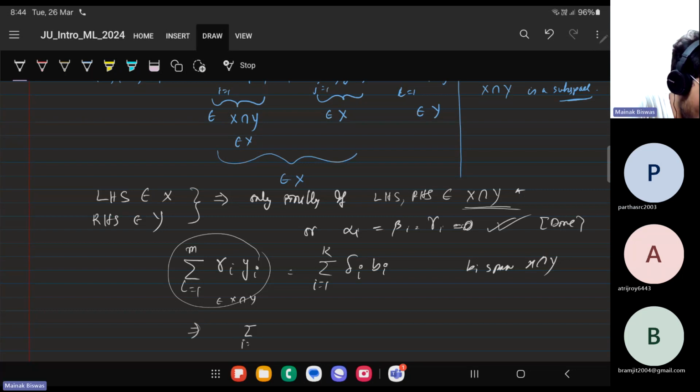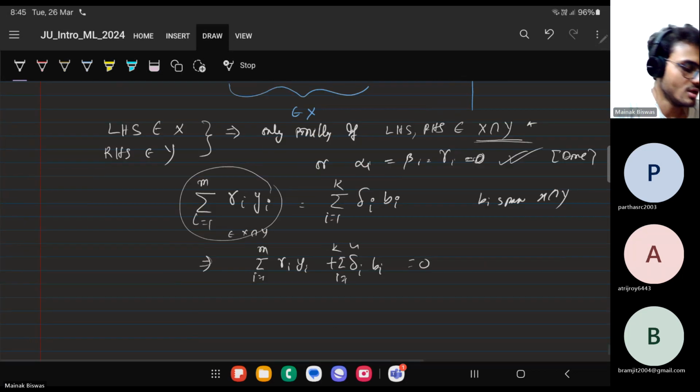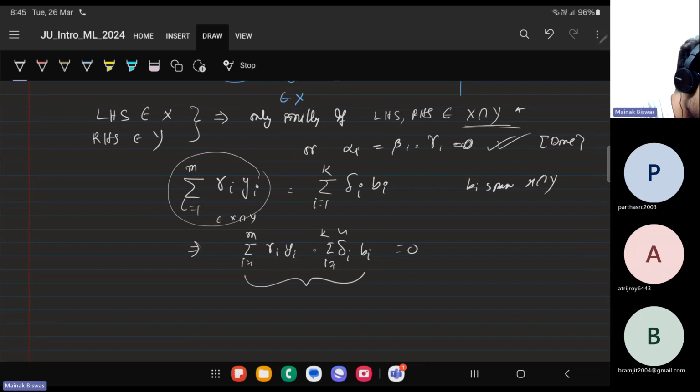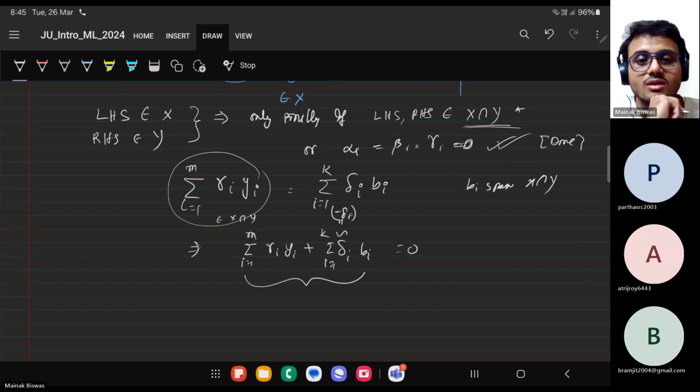So this is nothing but summation alpha i yi plus delta tilde of pi, summation of i equal to 1 to k, equal to 0. Now those are minuses of delta i's. So what does this mean?